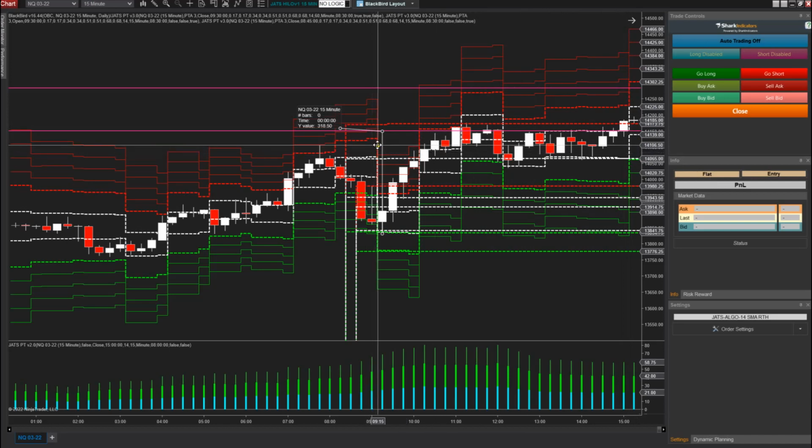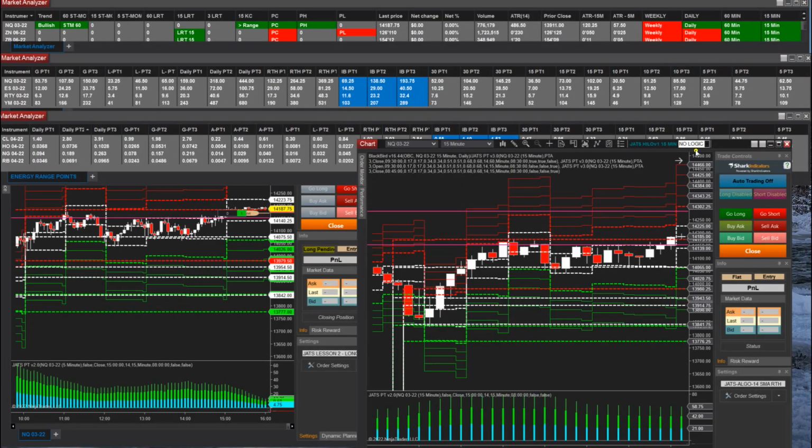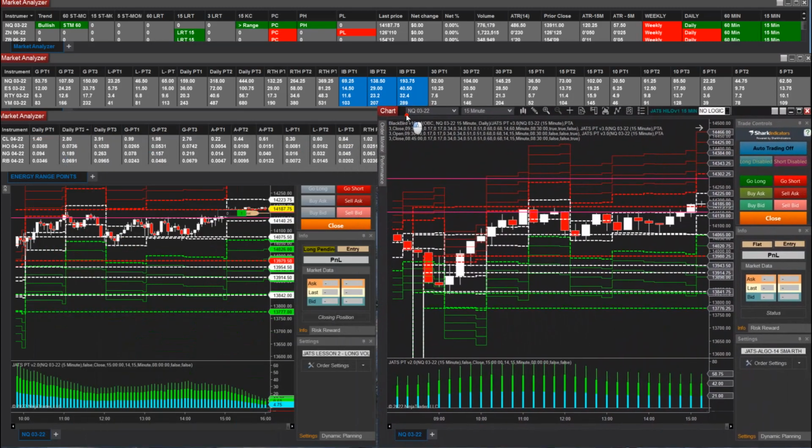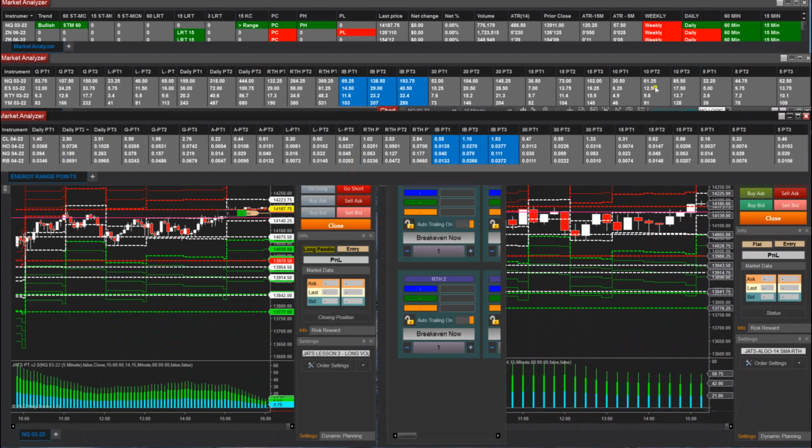You can break this down between the 60-minute range and the 1-hour IB, wherever you are trading inside that range, just using a simple custom 15-minute range on the one.